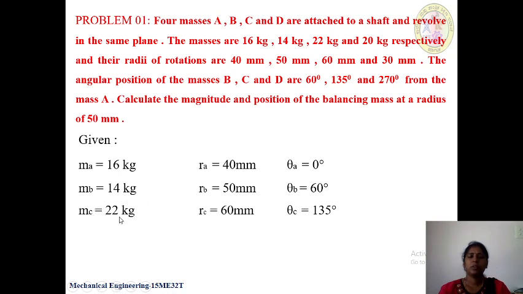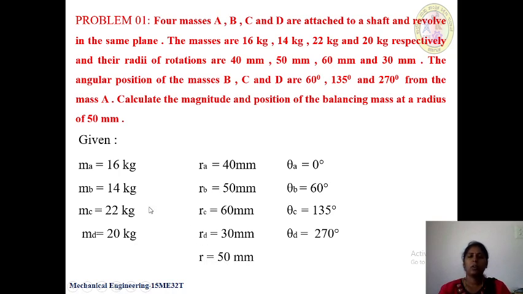MC is equal to 22 kg, RC is equal to 60 mm, theta C is equal to 135 degrees. MD is equal to 20 kg, RD is equal to 30 mm, theta D is equal to 270 degrees from mass A, and R is equal to 50 mm.